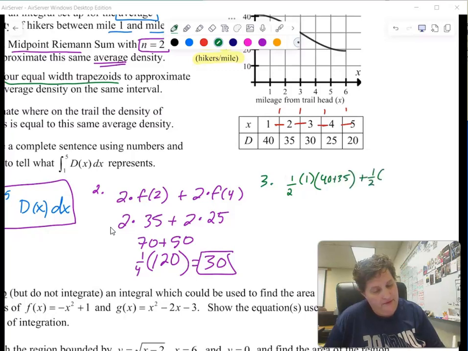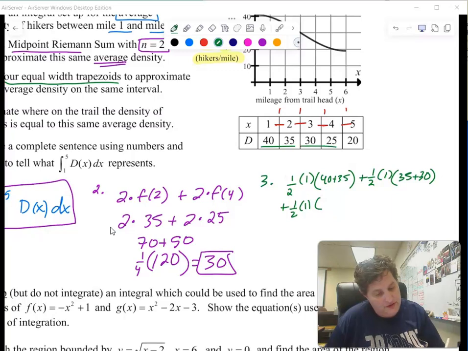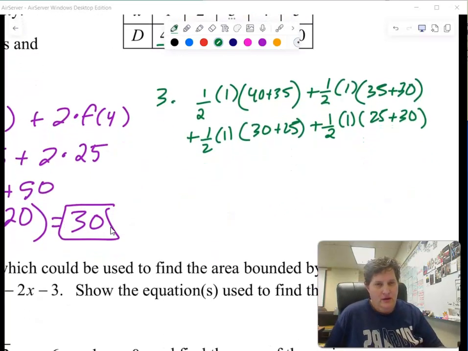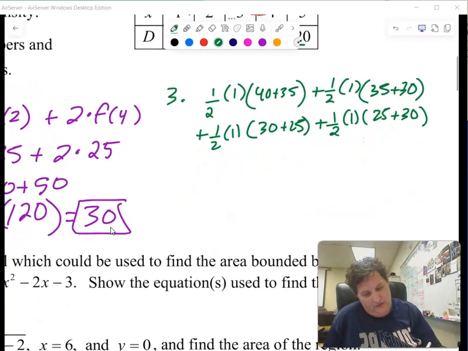And then 1/2 base and then the next one. So we did 40, 35. So then the next one's 35, 30. And then 1/2 base, and then the next one is 30, 25. And then the last one is 1/2 base, and then the last one is 25 and 30. Okay? Look, they all have 1/2, so I'm just going to add these together.